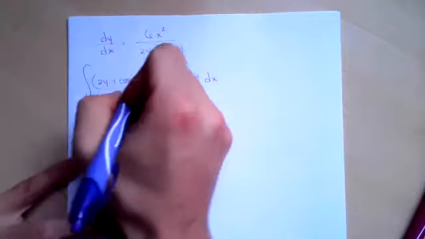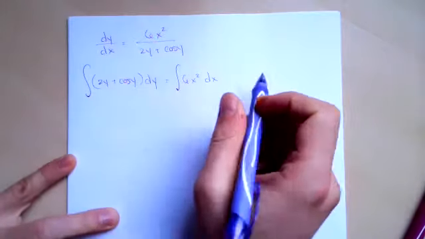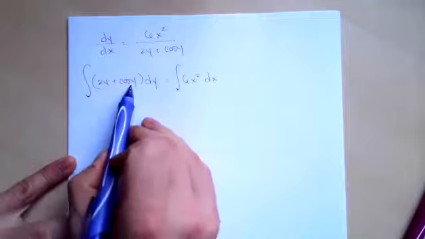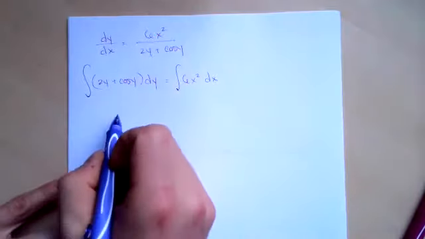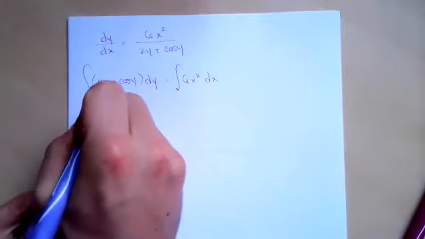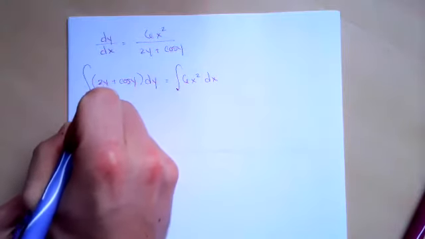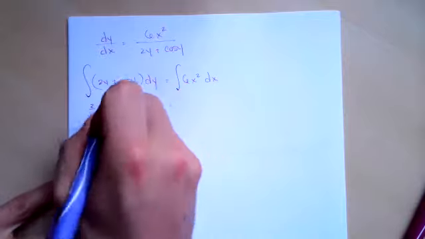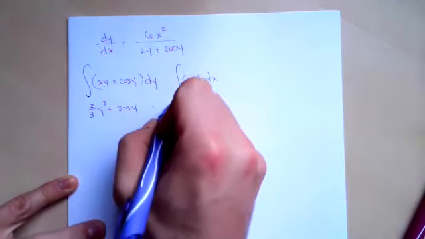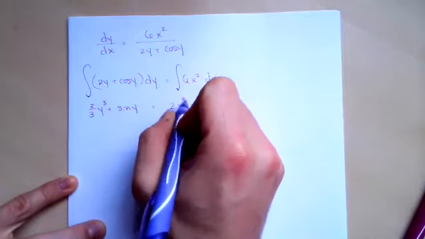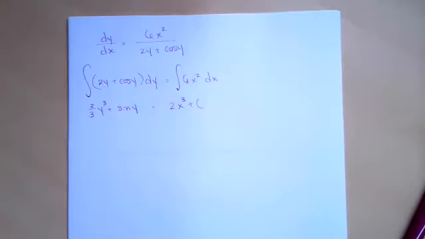We integrate. And this one isn't too bad, since you just have to remember the integral of cosine. There's no trig subs or anything we need to do for that. We'll have y cubed times a constant of 2/3 plus sine y is equal to 2x cubed. And we have our plus a constant over here.